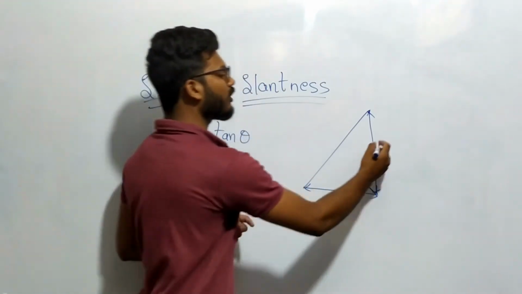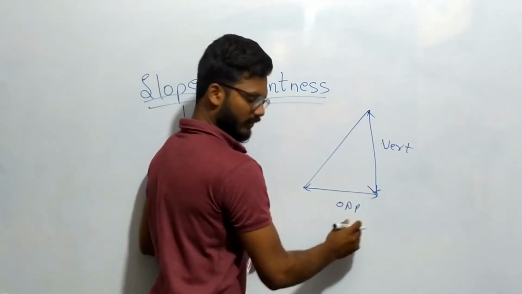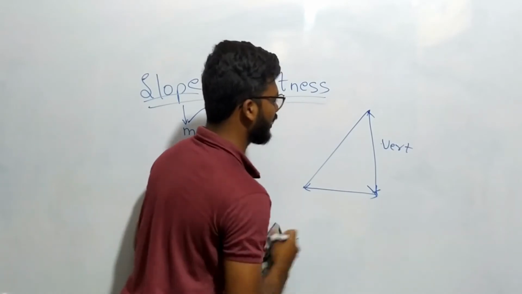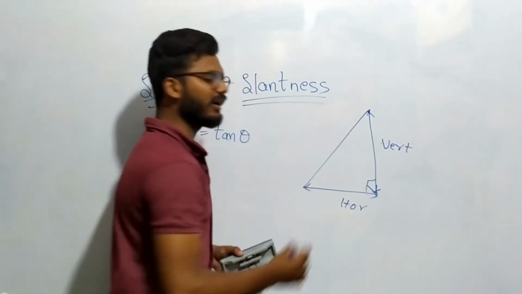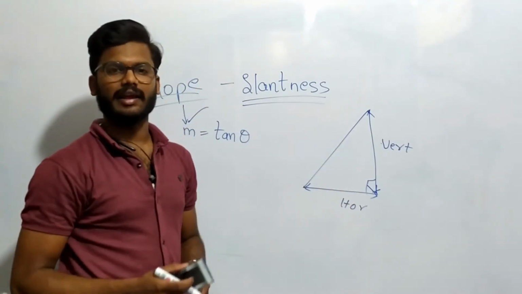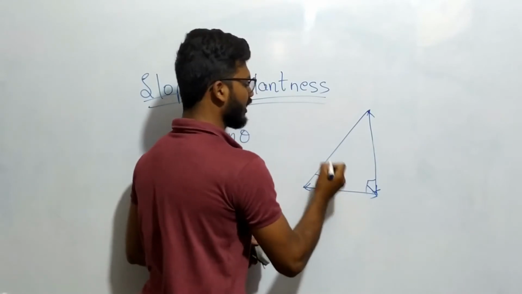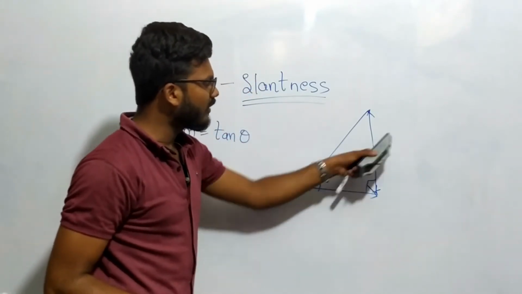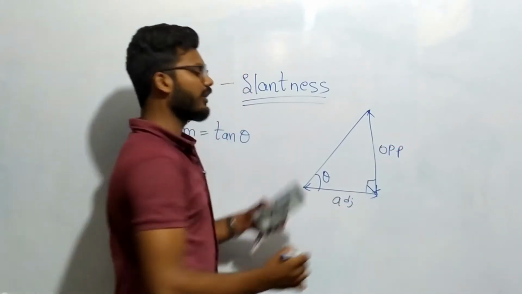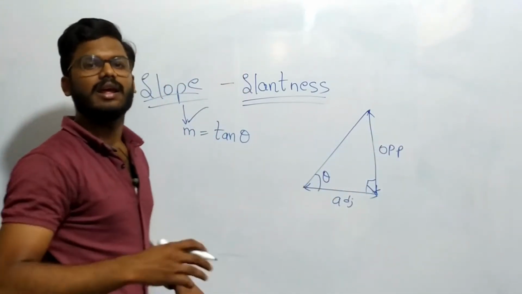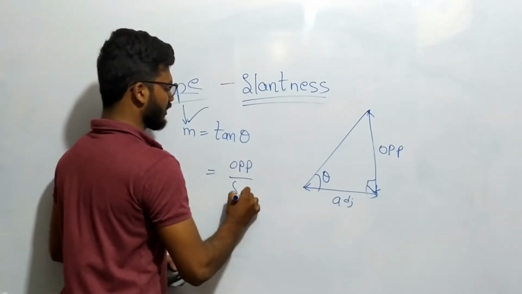And if you see this one, here you have 90 degrees and this is a right angle triangle. Here is theta, and the ratio between these two, this will be the opposite side and this will be the adjacent side, right? The ratio between opposite side and adjacent side is nothing but tan theta. Tan theta is equal to opposite side by adjacent side.